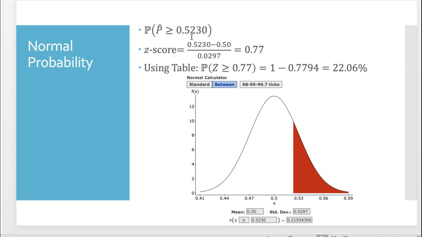Here, it's very likely that you observed that. This area is pretty large. So in this case, it wouldn't be enough to conclude that kids are more likely to select candy than the toys.